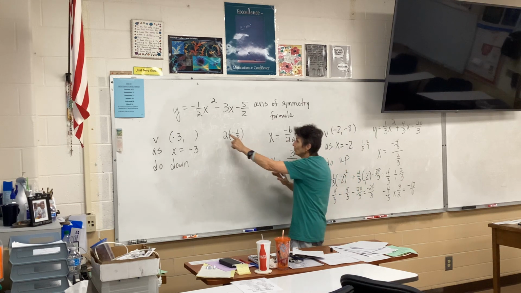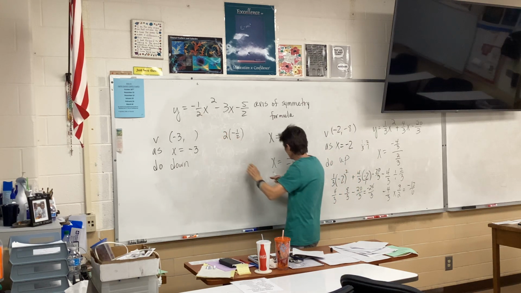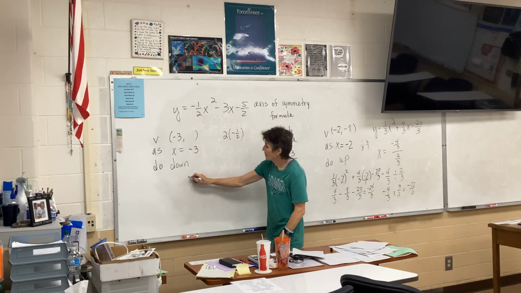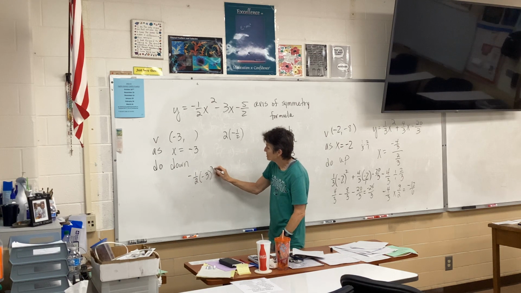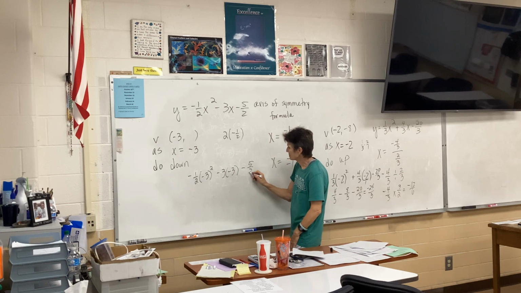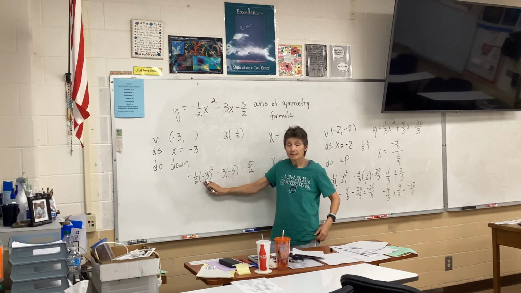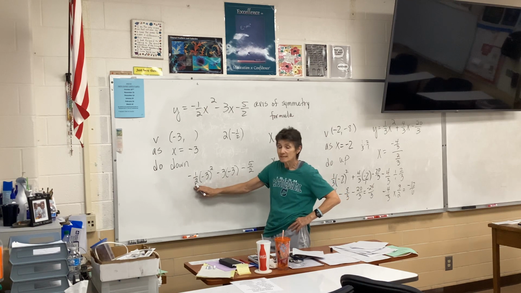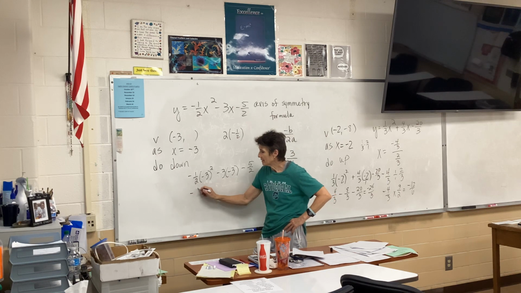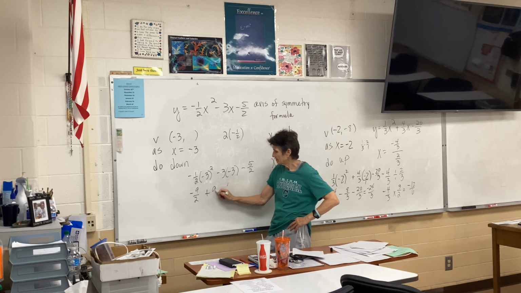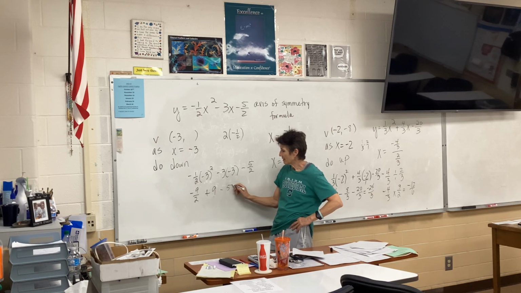-b over 2a, and 2 times 1/2 is 1. So now I'll plug -3 in, so I have -1/2 times -3 squared minus 3 times -3 minus 5/2. Well, -3 squared is 9 times -1/2 is -9/2 plus 9 minus 5/2.